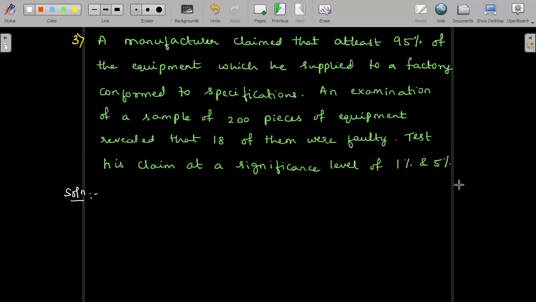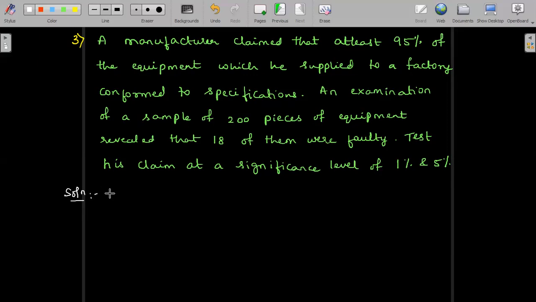So let us first understand that since 95% of the equipment conformed to specifications, we can say that 5% are not conformed, means 5% of them are faulty.